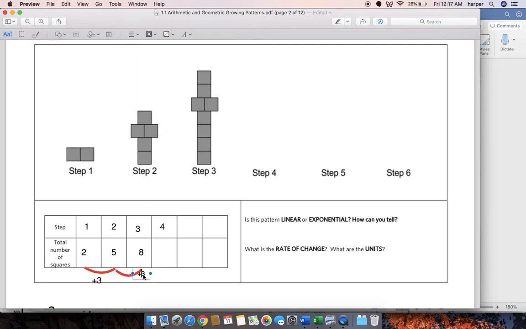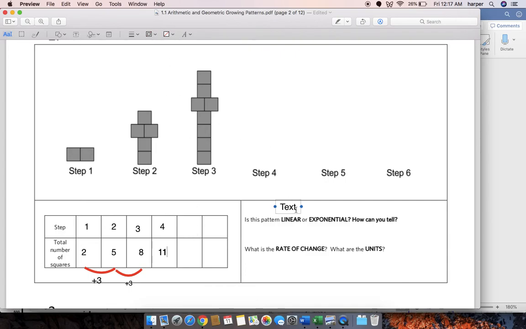Now, I'm real lazy, and I'm not going to draw blocks because it's going to be super hard on PDF. So I want you guys to do it, but I'll give you time to draw, and when you're done drawing, you can just do this first. If we're increasing by 3, then the next one would be 8 plus 3, which is a whopping 11.